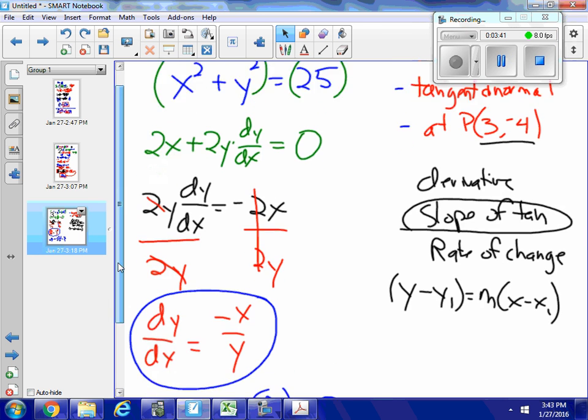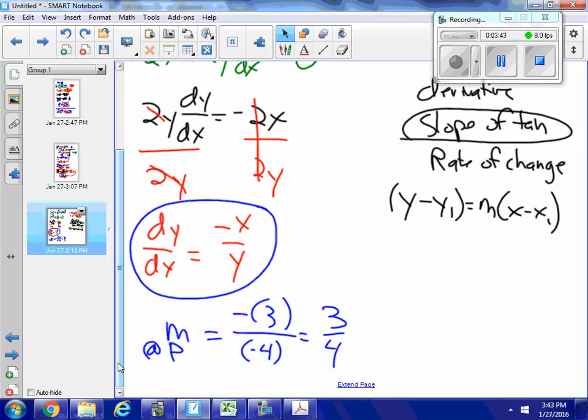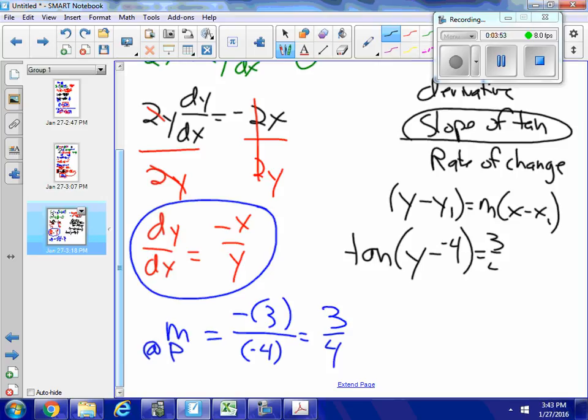Again, my point there is (3, -4). So the equation of the tangent line is y minus -4 is equal to 3/4 times x minus 3. And we can change this to y plus 4. And that should be the tangent line right there.